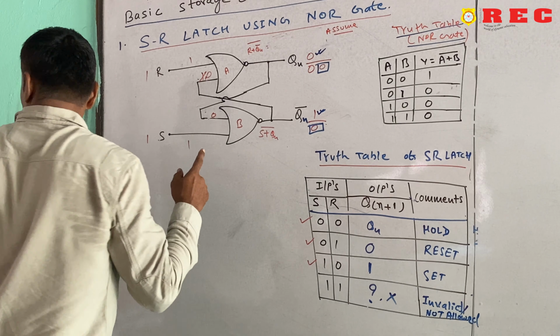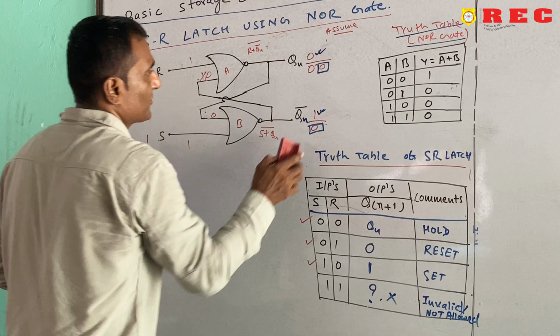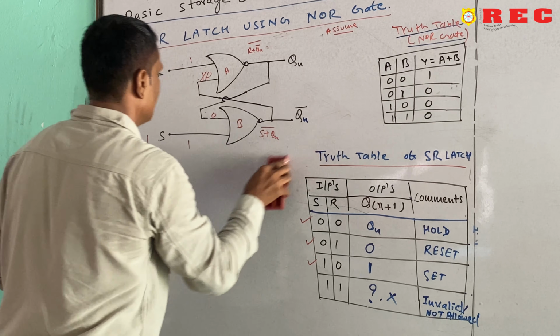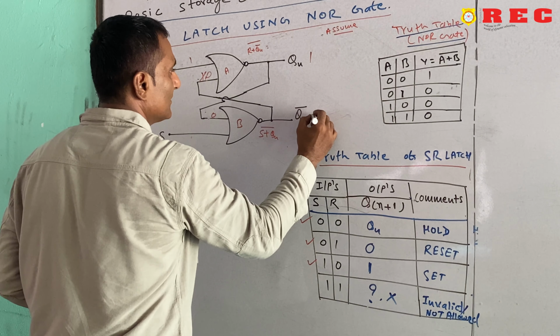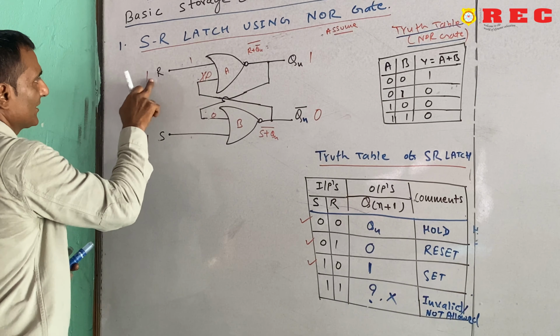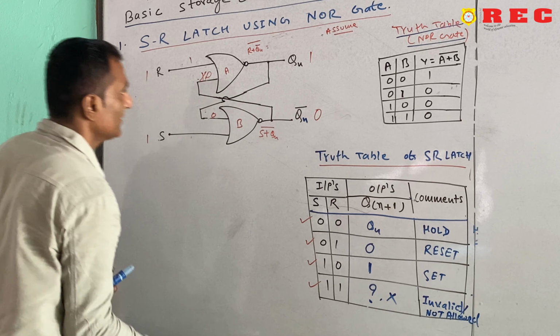If you want to check by putting 1, which is C, if you assume 1, it will be 0. Here is already 1, because this is the fourth condition.